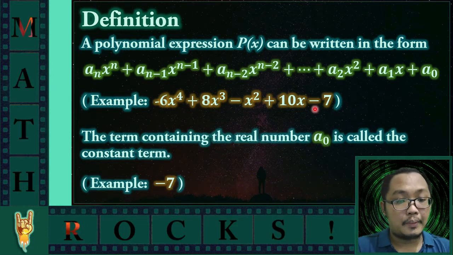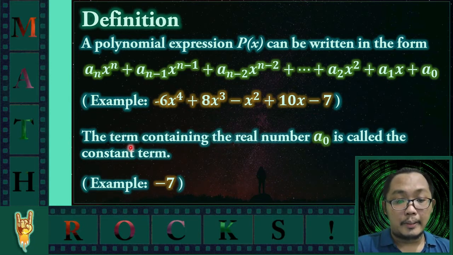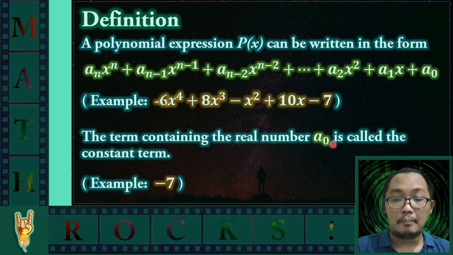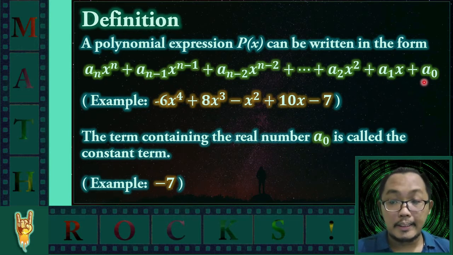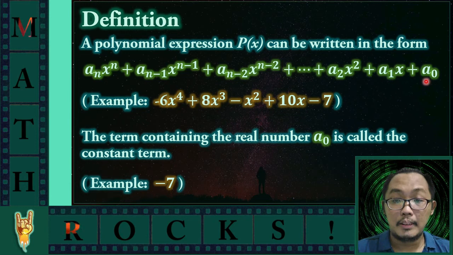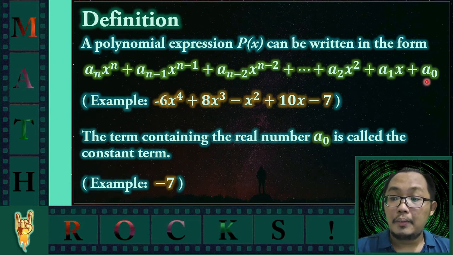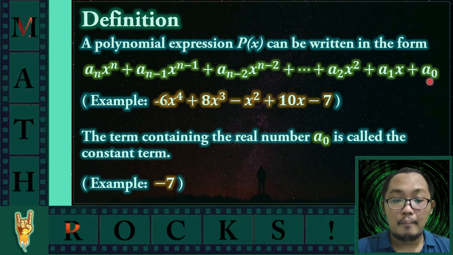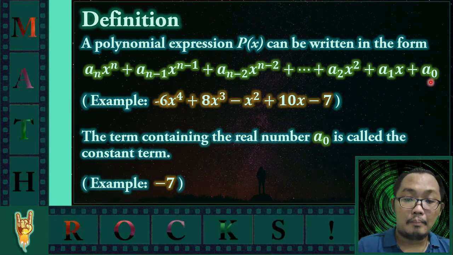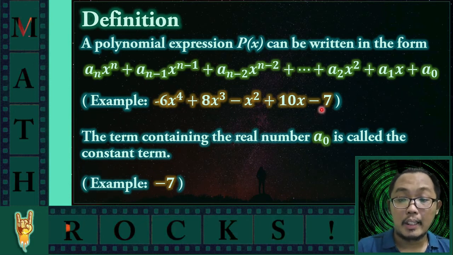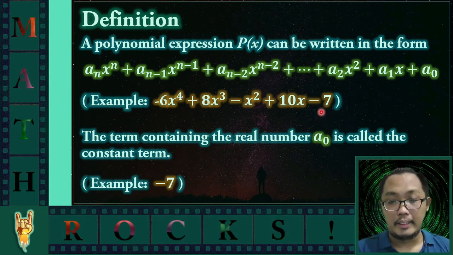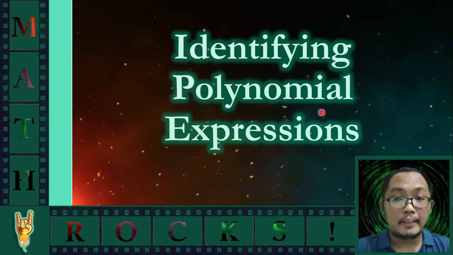And the next, the term containing the real number a sub 0 is called the constant term. Looking at our general expression, we have our a sub 0 here, and you will notice that there's no variable. So our constant term is the term without the variable x, which happens to be the negative 7.